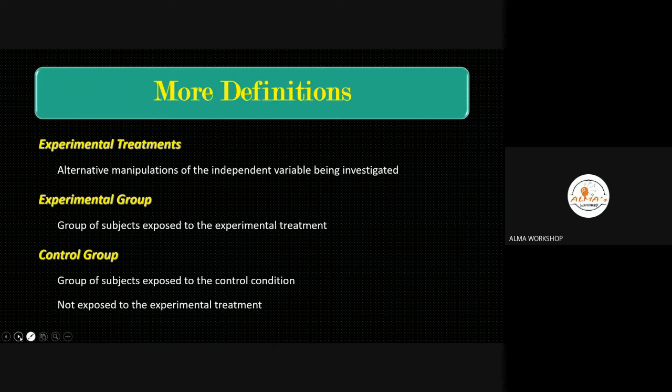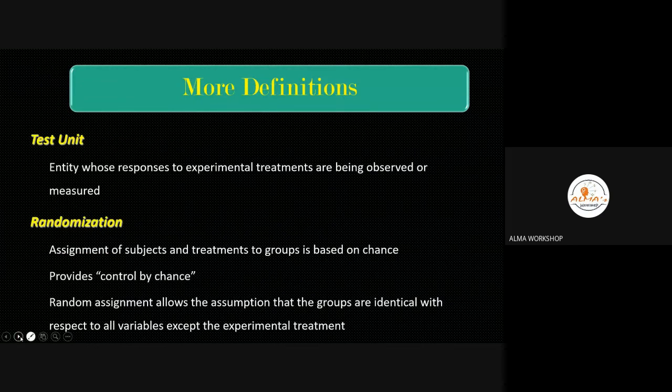When you do your experimental research, you have to know about all these terminologies. Experimental treatments: manipulations you give are nothing but your treatments. And you have the experimental group and the control group in any experimental research design. And you also call it the test unit. It is the entity whose responses to experimental treatments are being observed and measured.